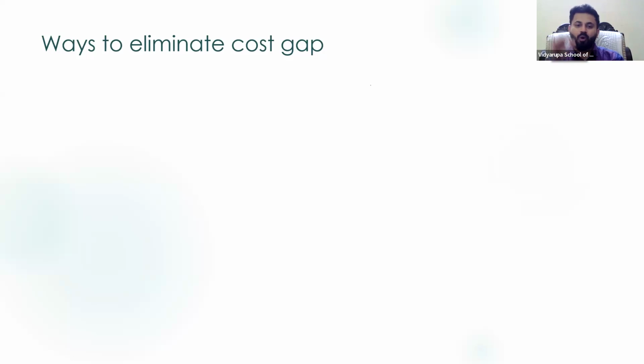Quality can be adversely affected. Compared to what we are using now, cheaper raw material or cheaper labor can both have a negative impact on quality. So it's not a very welcome method.